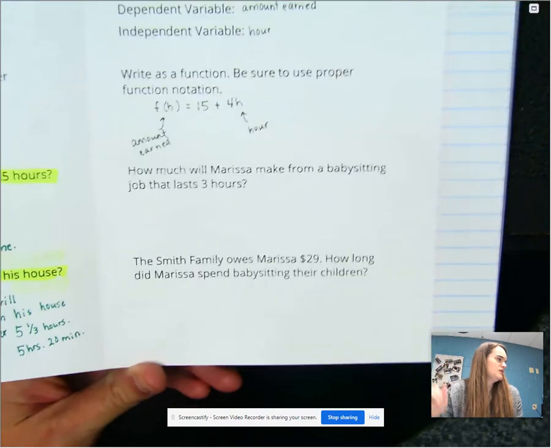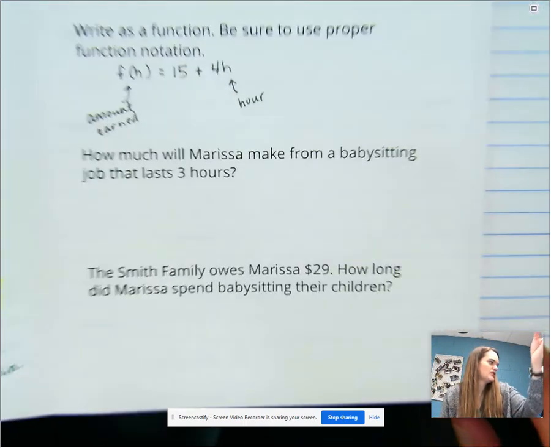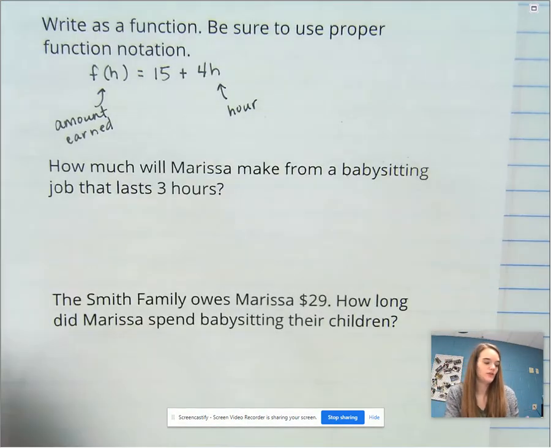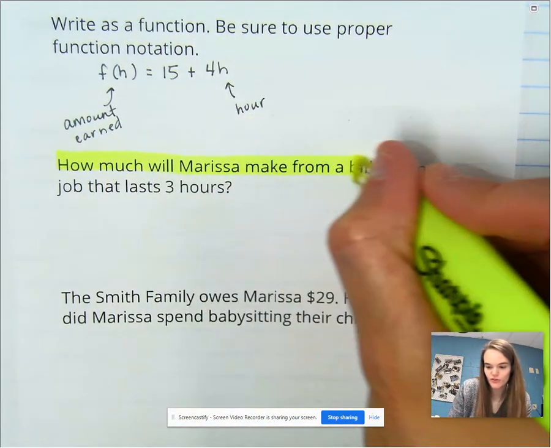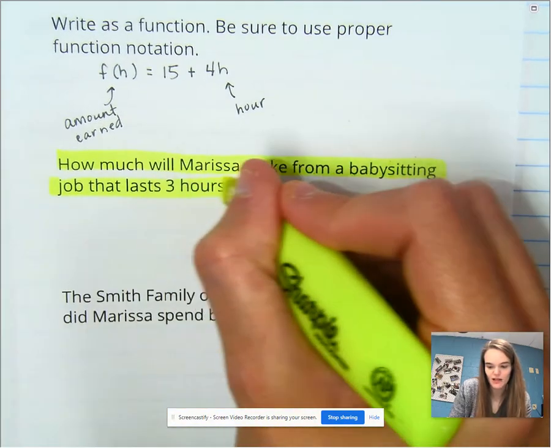Now let's solve it. If you didn't solve it yet, if you didn't answer these questions, pause the video, answer the question. How much will Marissa make from a babysitting job that lasts 3 hours?